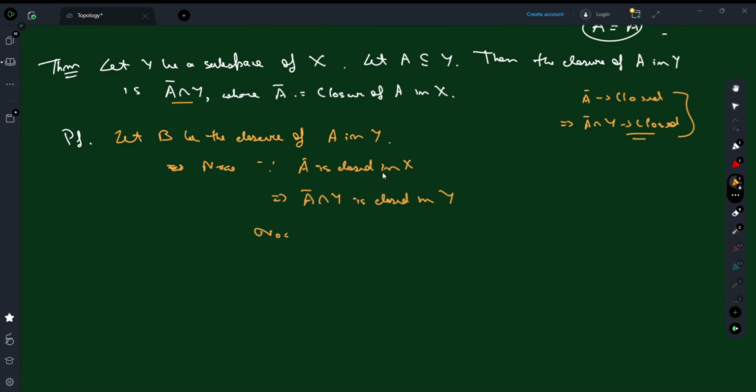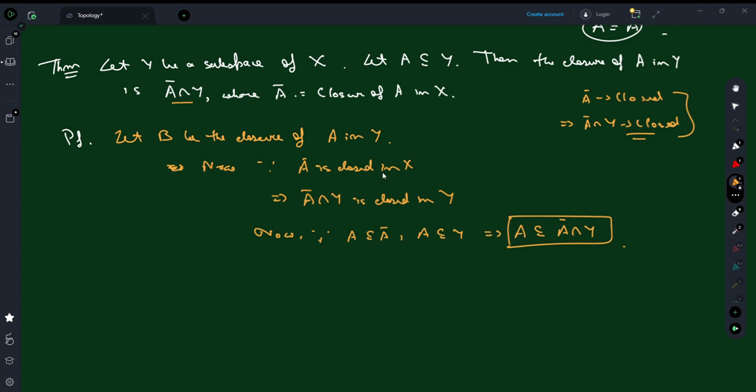Now, since A is contained in A closure, and A is also contained in Y by hypothesis, that implies A must be contained in A closure intersection Y. But what is B?